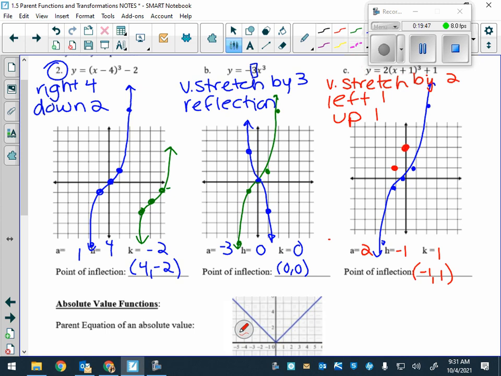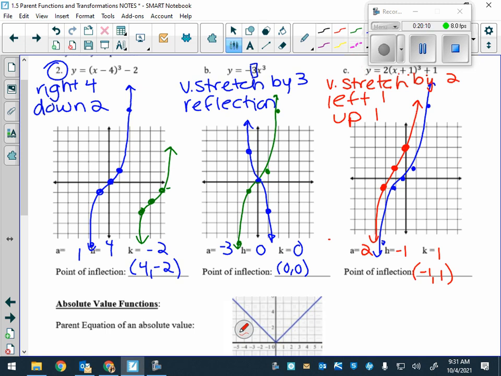The other value. How about if I plugged in -2? What's -2 plus 1? -1 cubed times 2 plus 1. Okay, and you could obviously do more points if there was enough room on the graph. Okay, but this is what it looks like.